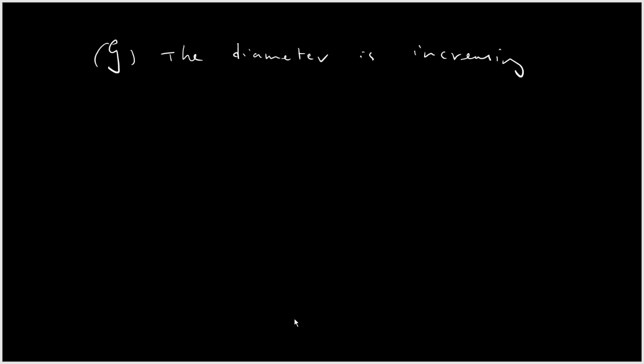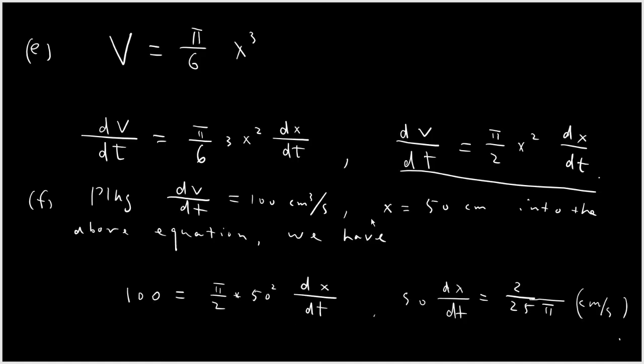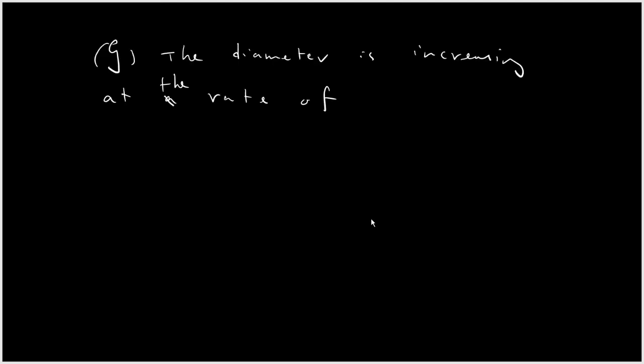It's increasing at a rate of, I forgot this number already, 2/25 pi centimeters per second. Again, I want to repeat, it's an instantaneous rate of change. When the diameter is 50 centimeters long.